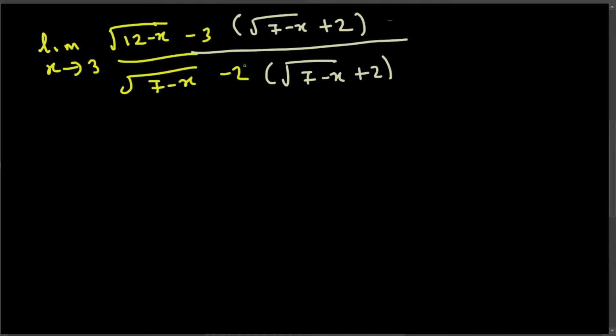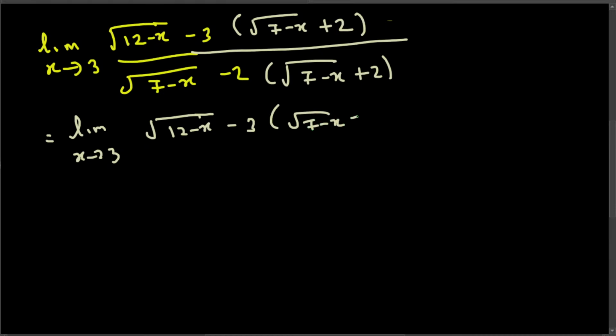Don't touch the numerator. Now if we do that, this is going to become limit x approaches 3 and then square root of 12 minus x minus 3, and we keep the numerator as it is, that is square root of 7 minus x plus 2, and we are gonna FOIL the denominator.